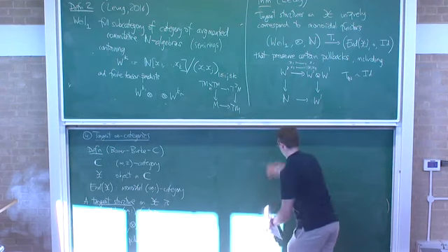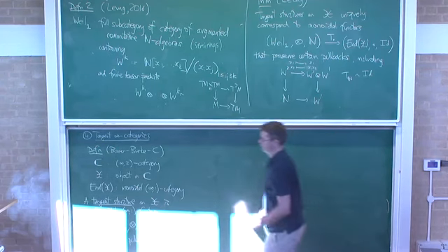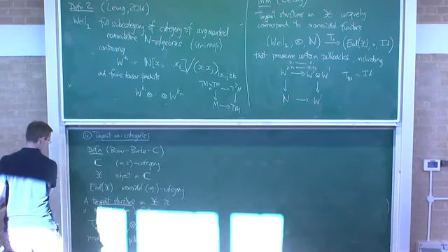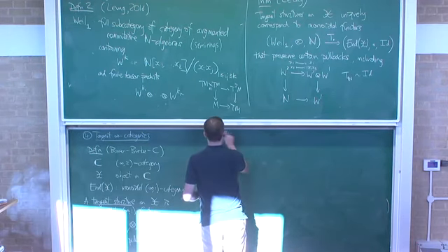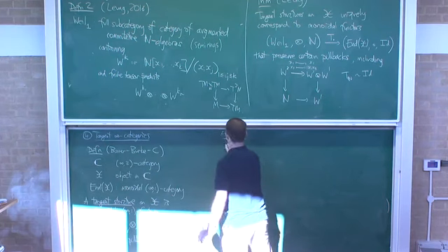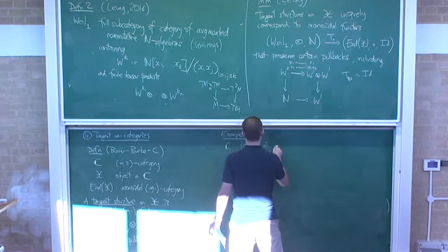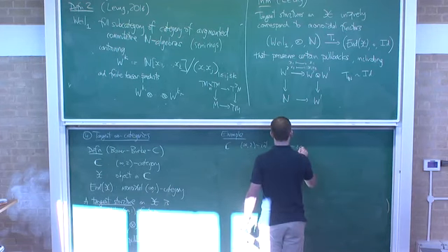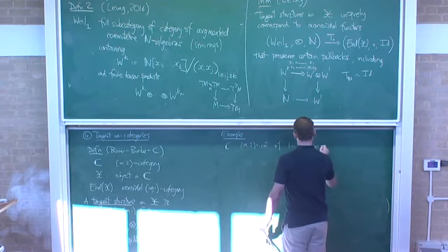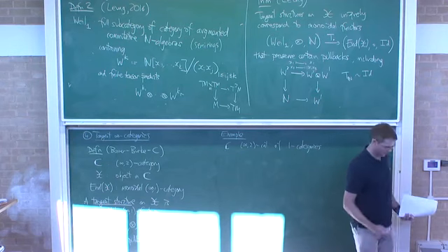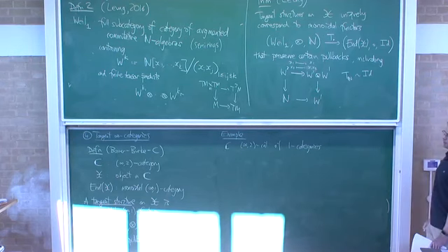So as an example, I can take C to be an infinity 2 category of 1 categories. And 1 categories form a 2 category, which I can think of as an infinity 2 category.